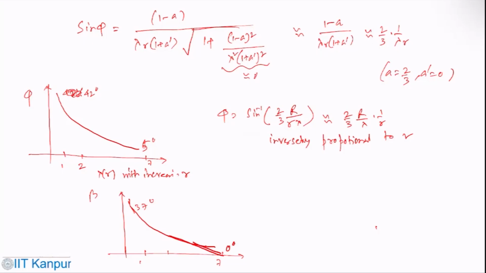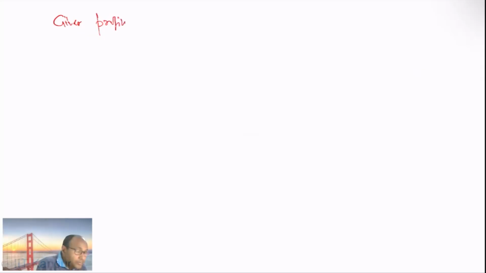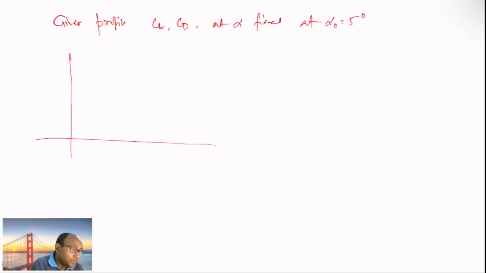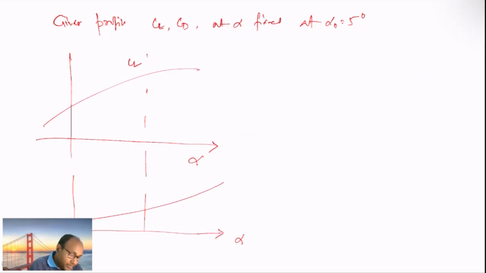So for, let's say, a given profile CL, CD and alpha fixed at alpha naught equals 5 degree, then you can see that this is the CL variation with alpha. And this is alpha. This is the CD variation. This could be somewhere the optimal point.